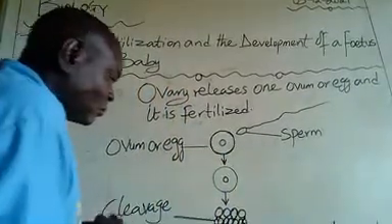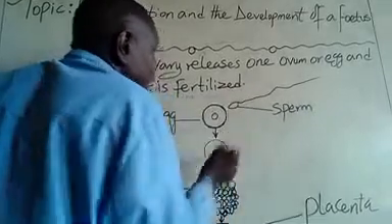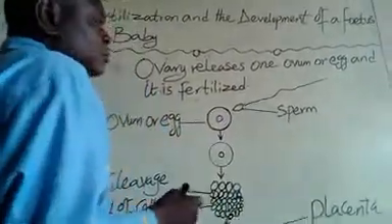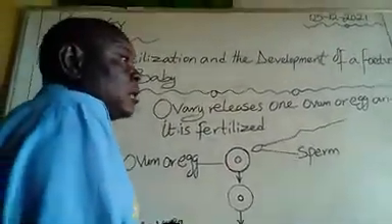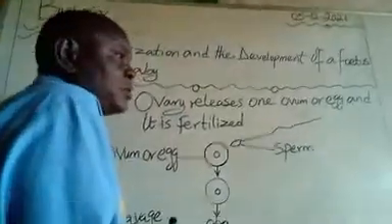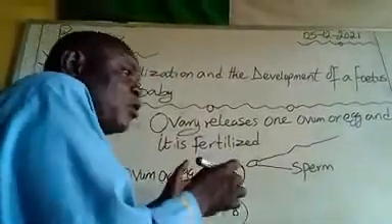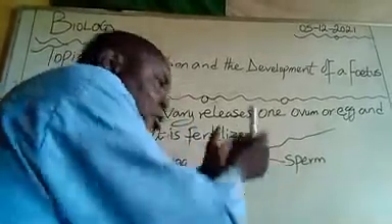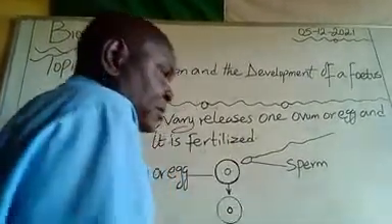Alright? The nucleus of the sperm and the nucleus of the ovum will fuse together. And we call it fertilization. Fertilization is the fusion of male gamete and the female gamete. When the two gametes are fused together, fertilization has already taken place.